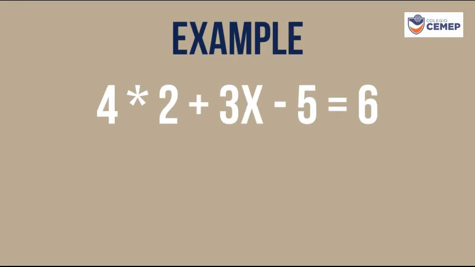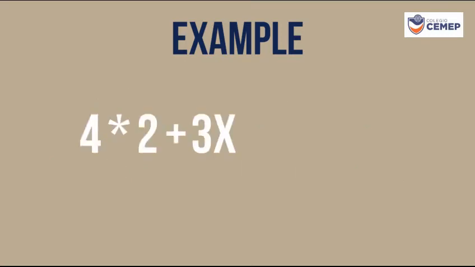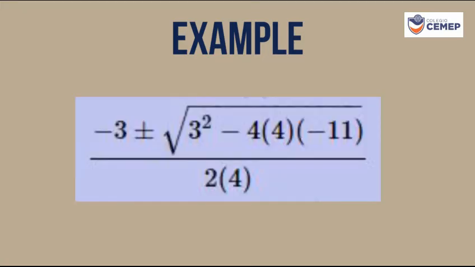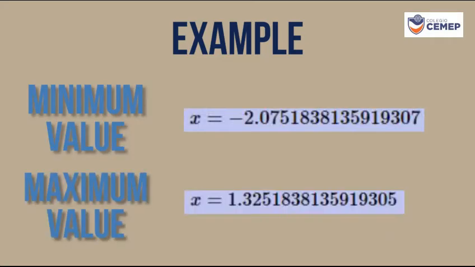For example, we start by making the result of the equation equal to 0. So we subtract 6 from both sides, and we obtain 4x squared plus 3x minus 11 equal to 0. And now we use the general formula, which is going to give you two values. Now we're going to talk about graphing.